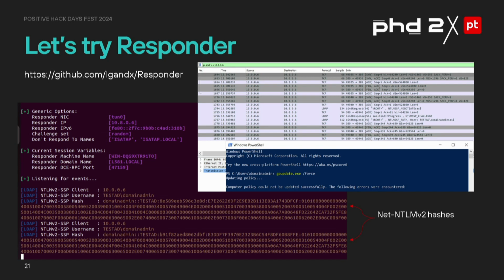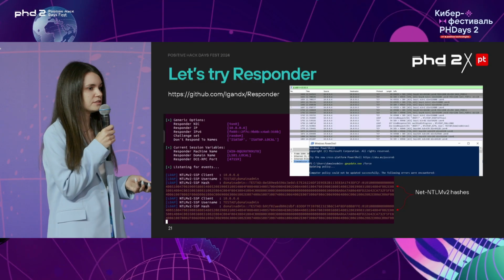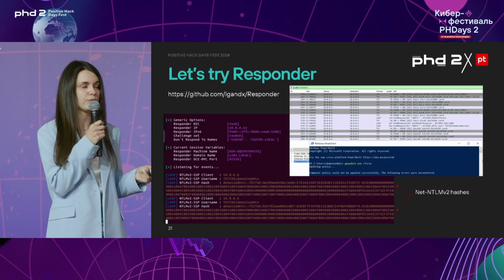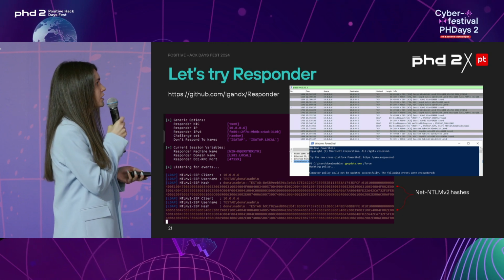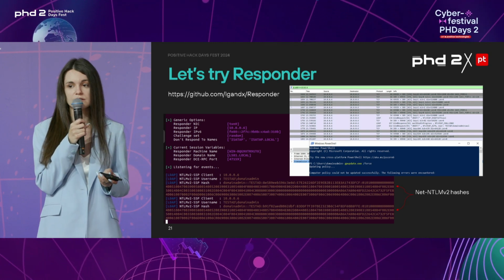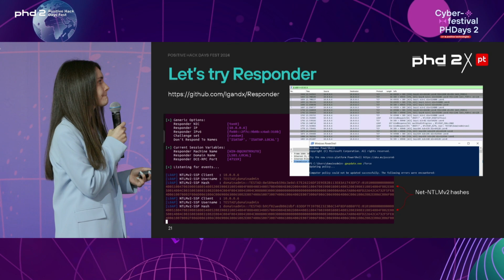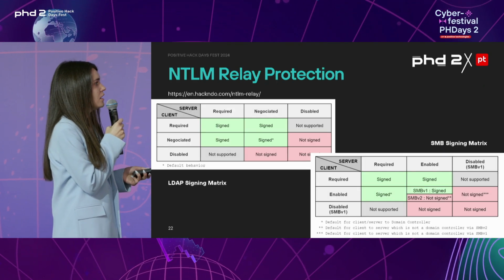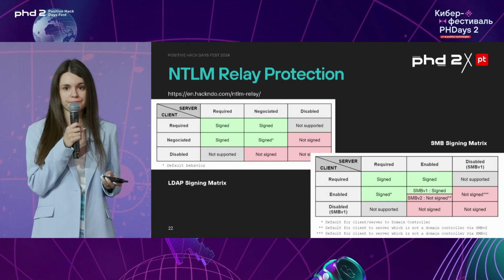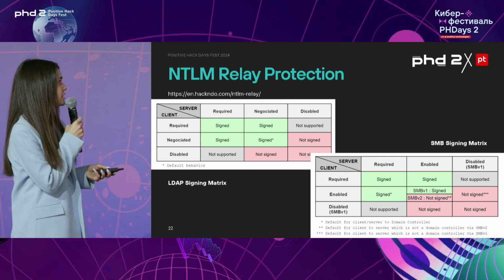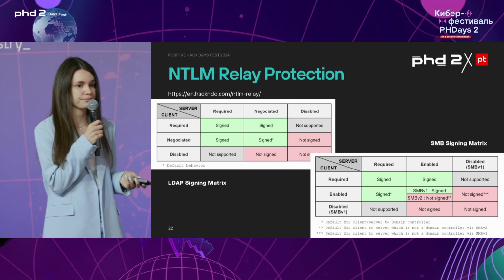We will not be able to reuse them, but we can try to brute force them. Most likely, the probability of this attack's success will be low, and probably we will not be able to get the passwords. So it would be best if we could achieve an NTLM relay. But there are defenses, and one such mechanism is a signature.